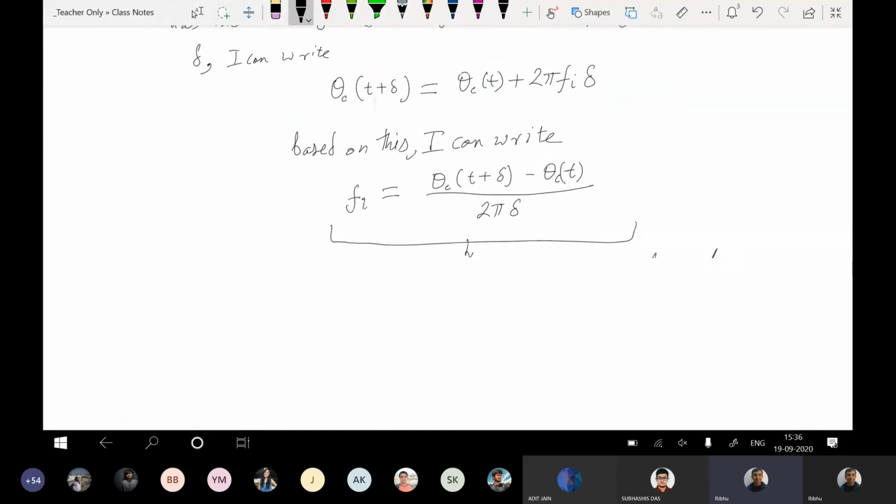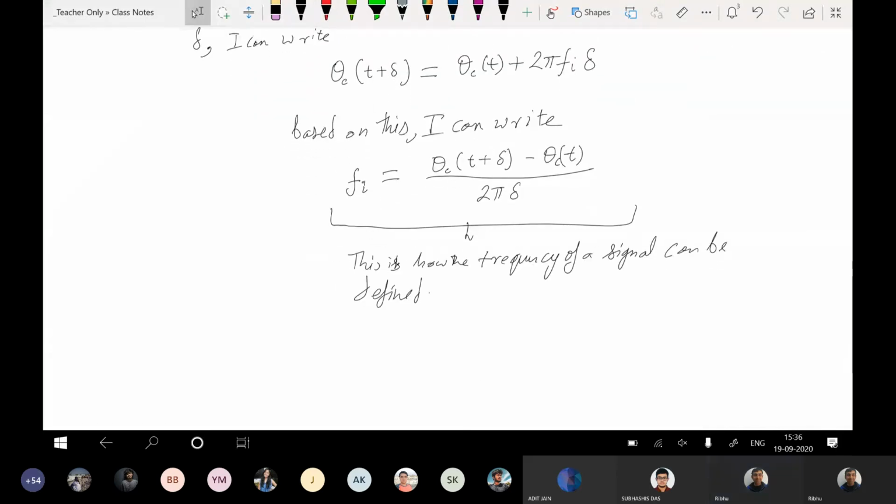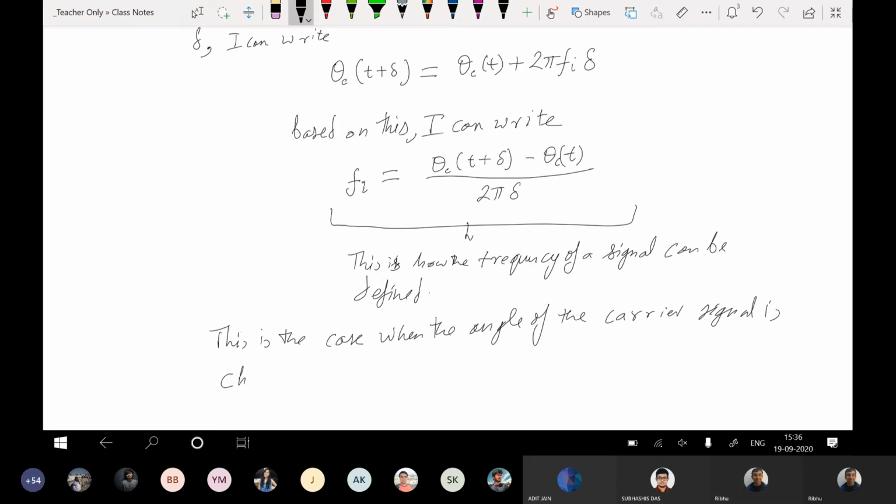Now, this is the case when the angle of the carrier signal is changing linearly with time.